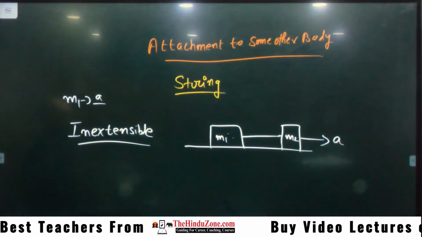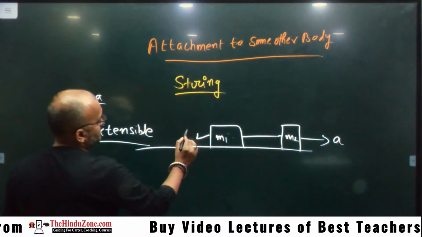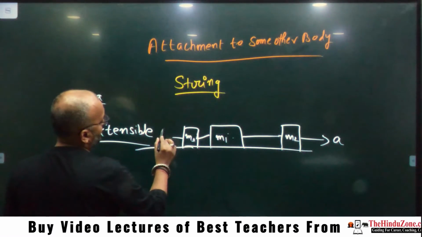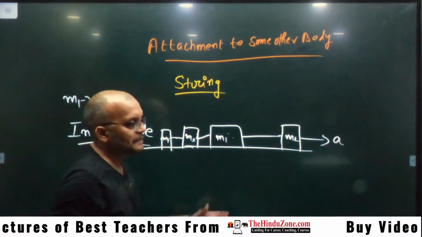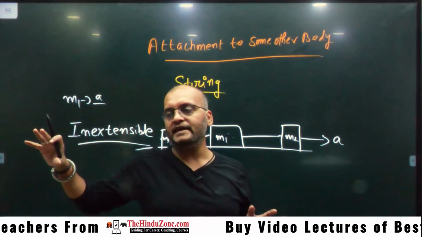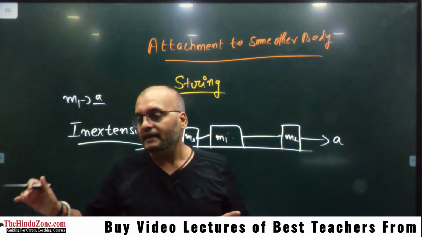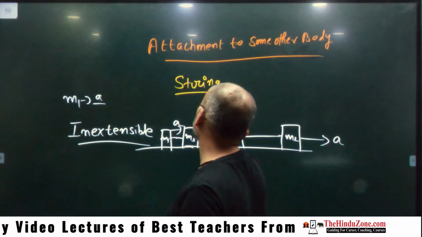So see here guys, if I attach 10 more masses, M3, M4 and so on, same string, keep on attaching how many masses you want. Just the condition is if your string is inextensible, then acceleration on all the masses will be same.